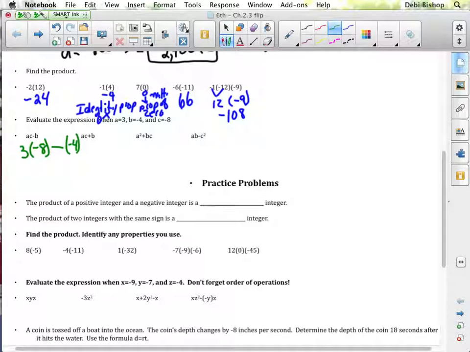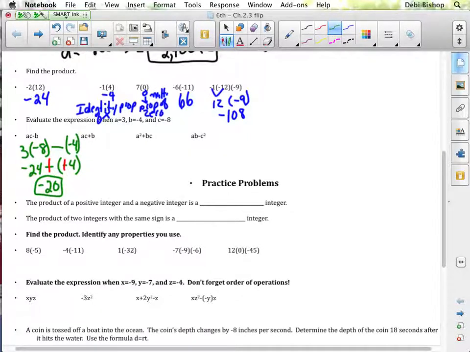All right? So first, we're going to say 3 times negative 8. It's different signs. Negative 24. And then you bring down what you haven't used. Minus a negative 4. Well, in my class, we bam, bam, bam, bam, add the opposite. And you have negative 24 plus 4 is a negative 20. Box your answer.